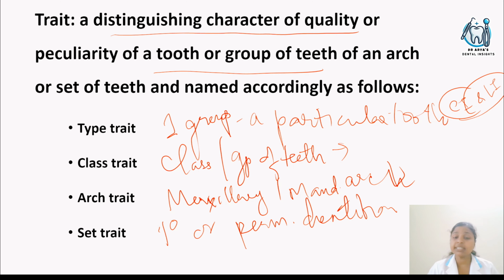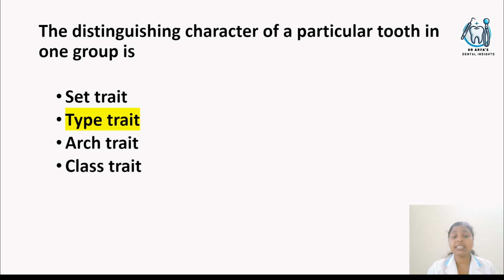Arch trait is for the maxillary or mandibular arch, so oblique ridges are present in the maxillary arch. Set trait is for primary or permanent dentition: all permanent teeth are larger than primary teeth. So a particular tooth in one group is the type trait.